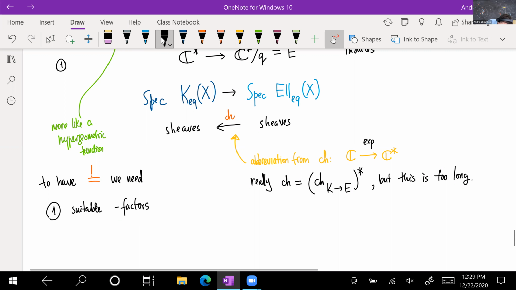That's the first. Second, an interpretation, an interpretation in a weak sense, kind of.